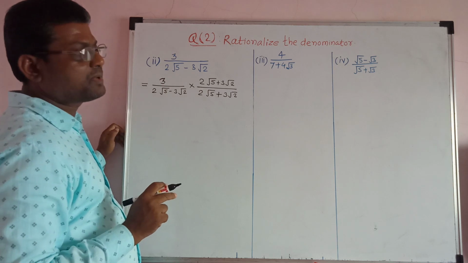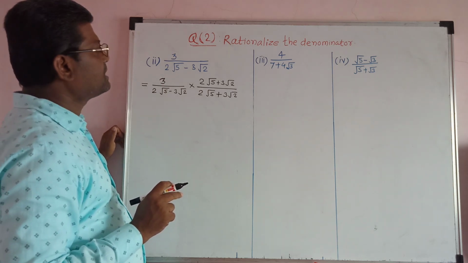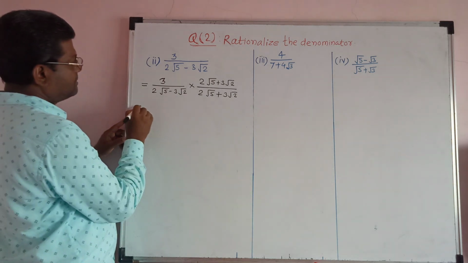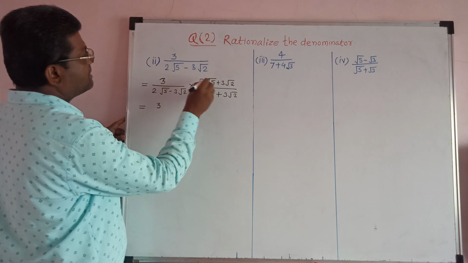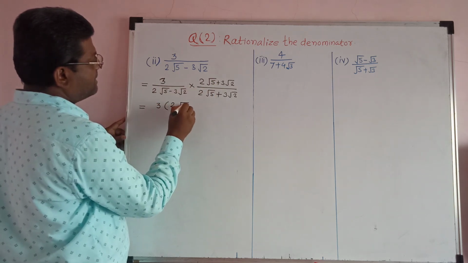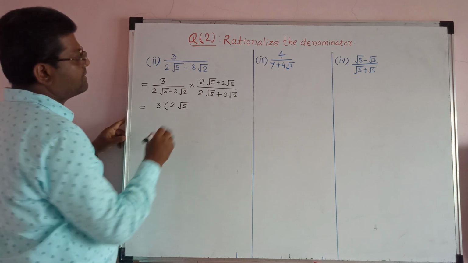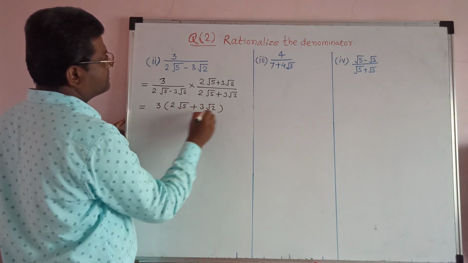So we multiply numerator and denominator by the conjugate. So is equal to 3 into this term, 3 in bracket (2√5 + 3√2).